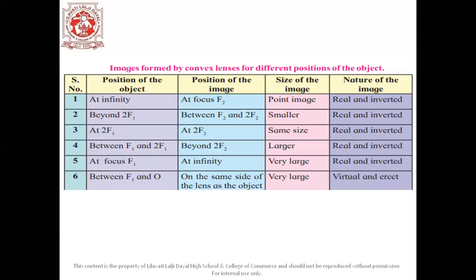The size of the image is very large and the nature of this image is virtual and erect. So if the object is between f1 and O, then you get a virtual and erect image. Okay, so let's move on to the next slide.